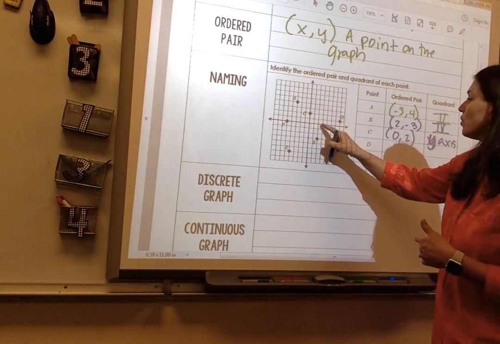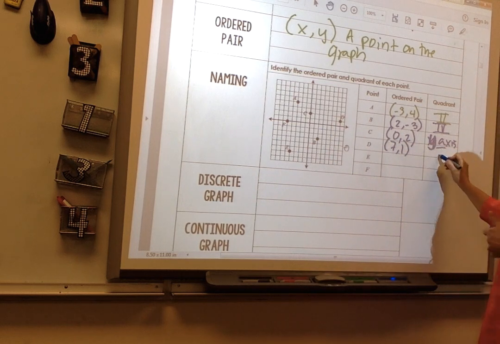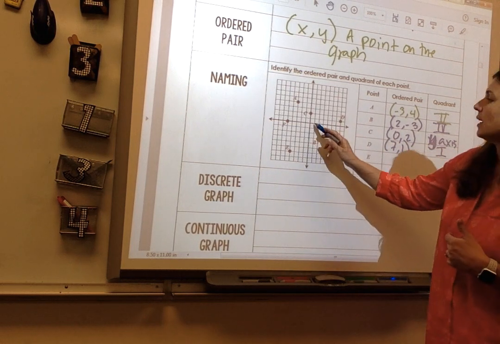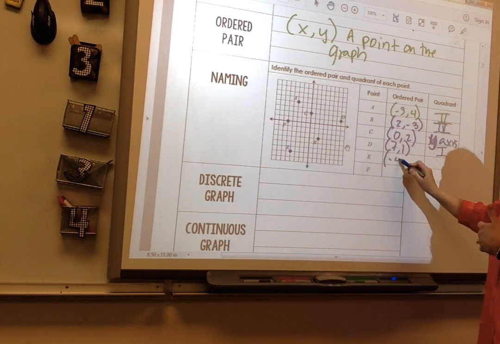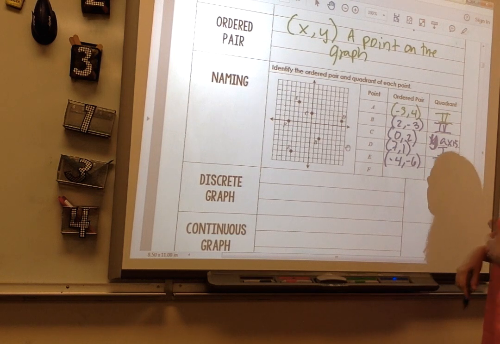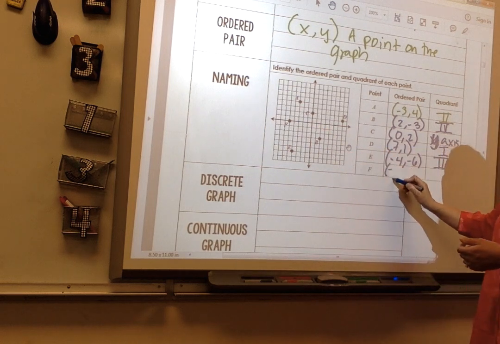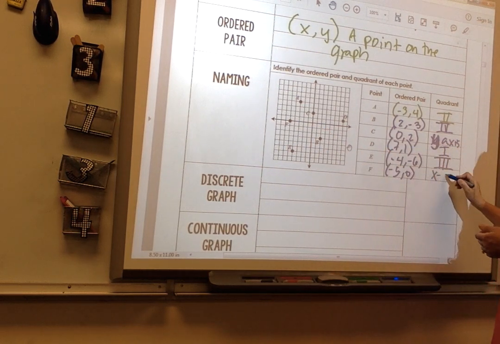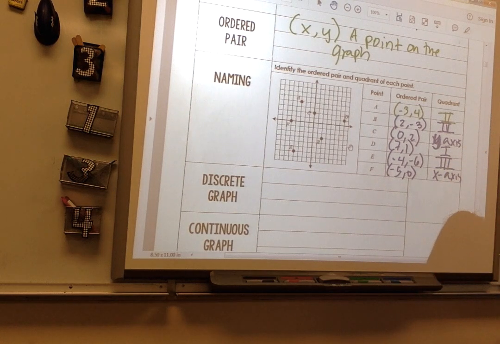Point D is 7, +1, located in quadrant I. E is (-4, -6), located in the 3rd quadrant. And F is (-5, 0), located on the x-axis. So that's just a refresher on how to name those points.